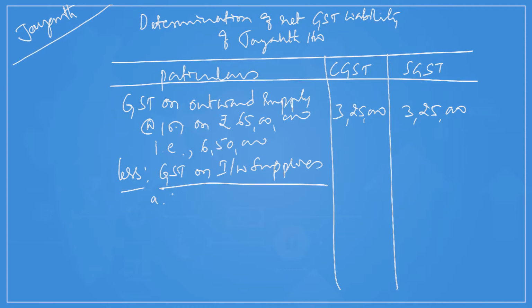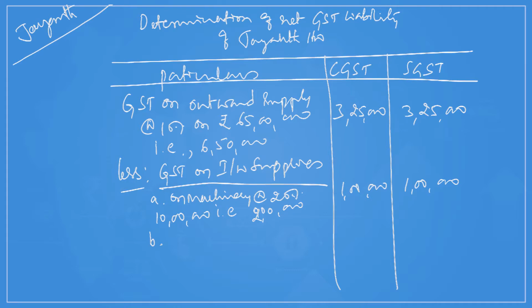Number 1, on machinery at 20% on rupees 2 lakh, that is rupees 40,000. On machinery at the rate of 10% on rupees 10 lakh, that is rupees 2 lakh. For CGST it will come rupees 1 lakh. For SGST it will come rupees 1 lakh.